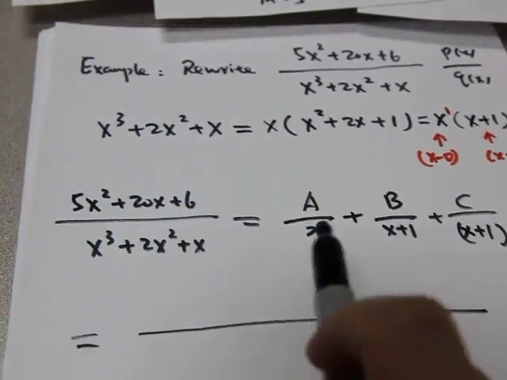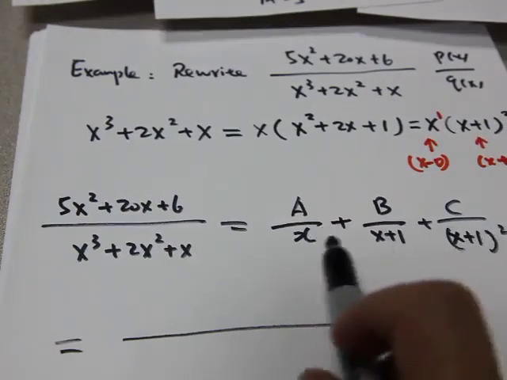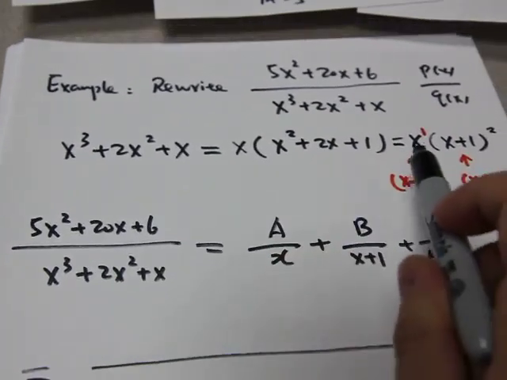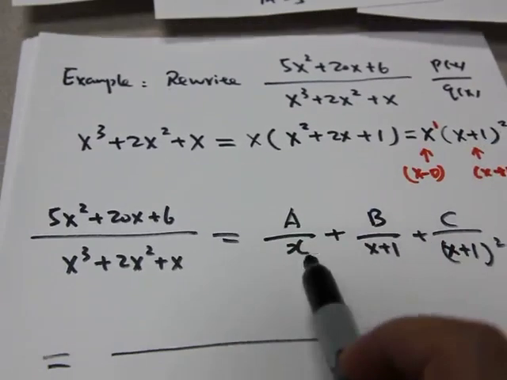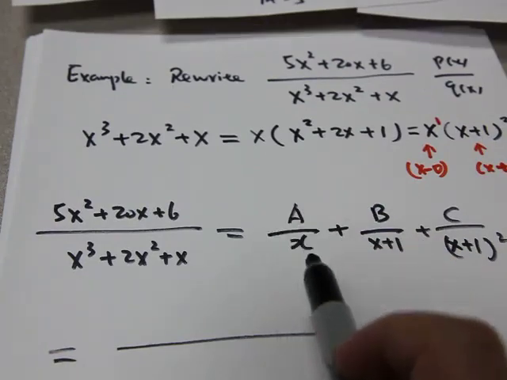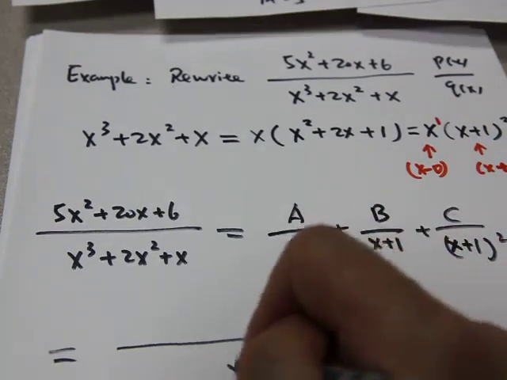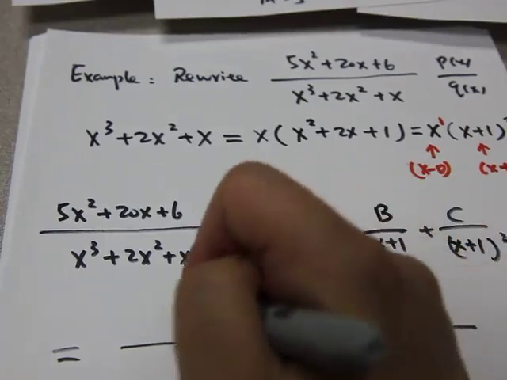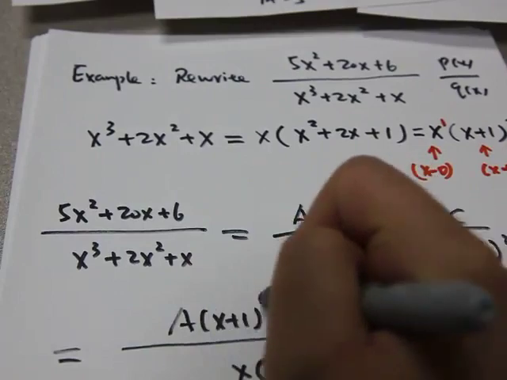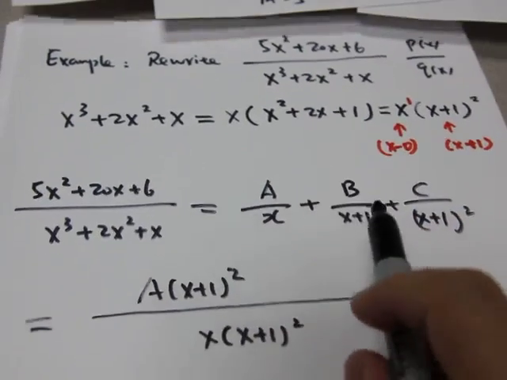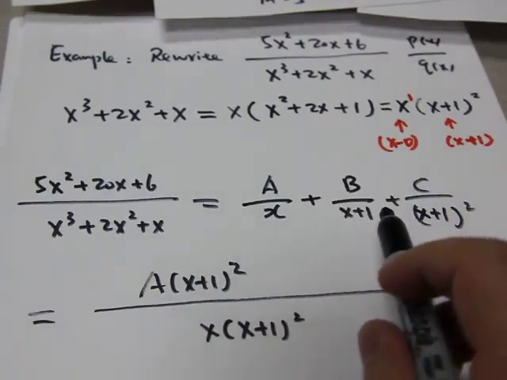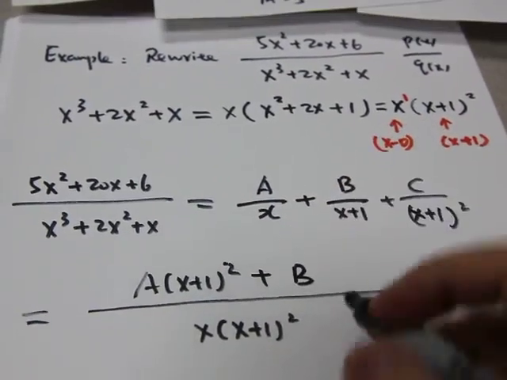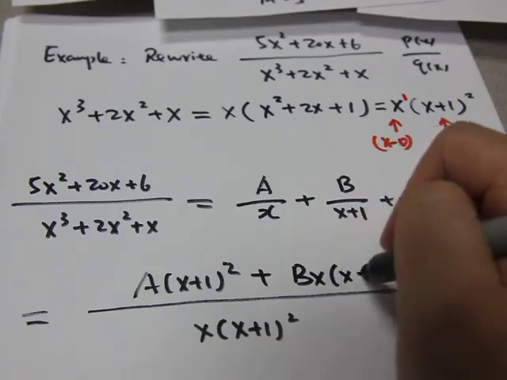And then next, to add them together, we're looking for the least common denominator, which is x times (x plus 1) squared. So for the first fraction, I need to multiply x by (x plus 1) squared. Therefore, I multiply A by (x plus 1) squared. For the second fraction, I need to multiply by x and by another x plus 1. So I multiply B by x and by x plus 1.